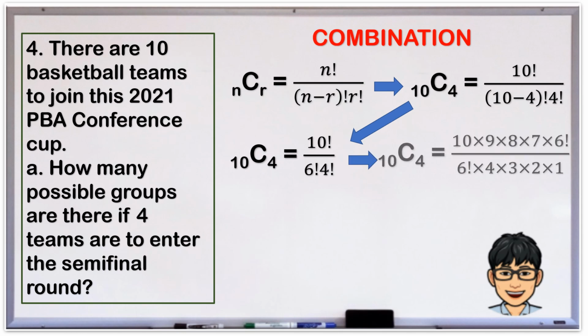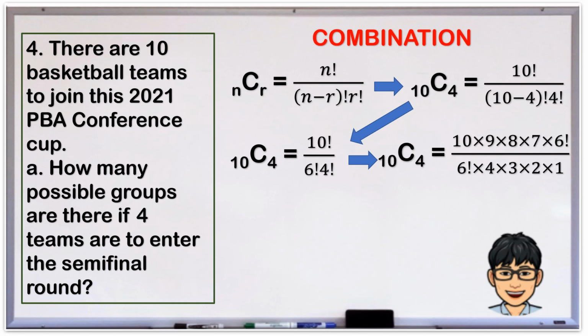To simplify, we have 10 times 9 times 8 times 7 times 6 factorial divided by 6 factorial times 4 times 3 times 2 times 1.